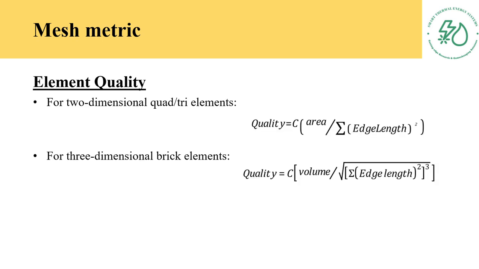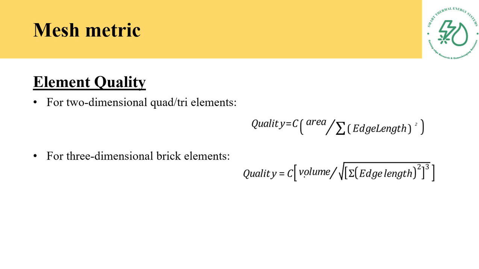The element quality option provides a composite quality metric that ranges between 0 and 1. This metric is based on the ratio of the volume to the sum of the square of the edge lengths for 2D quad elements, the ratio of area to that, and for 3D elements the square root of the cube of the sum of the square of the edge lengths.